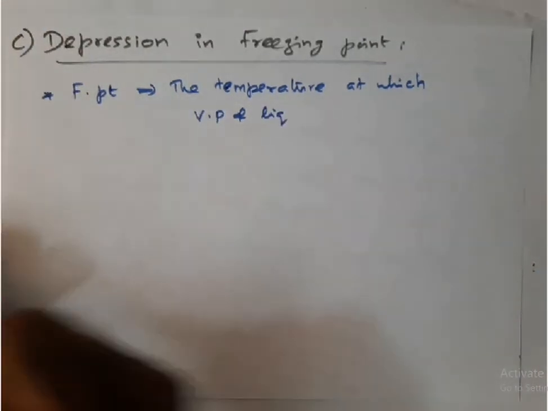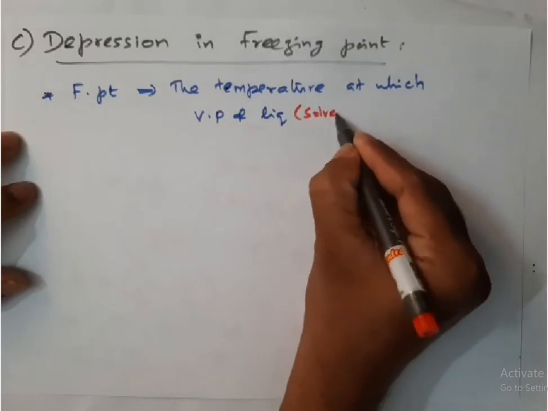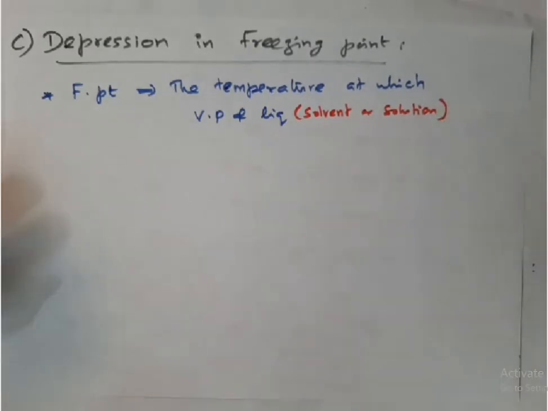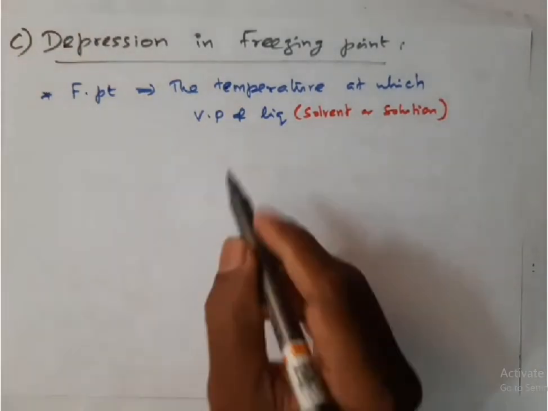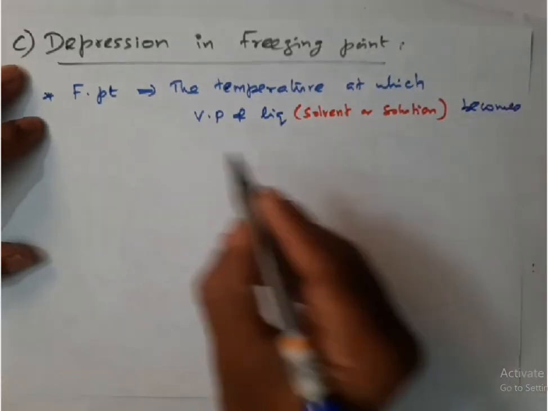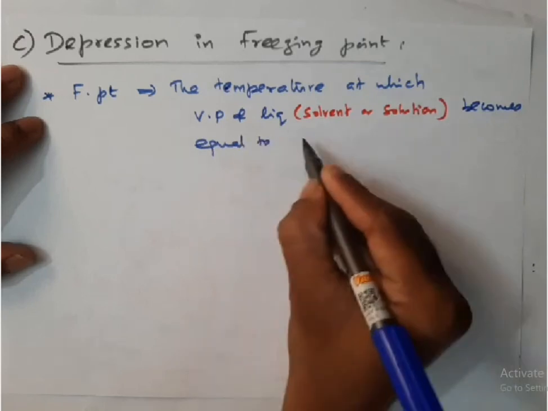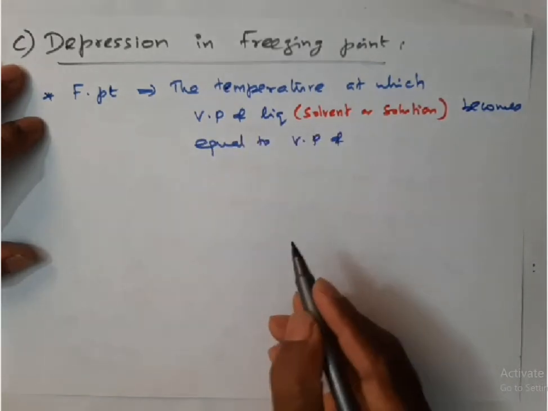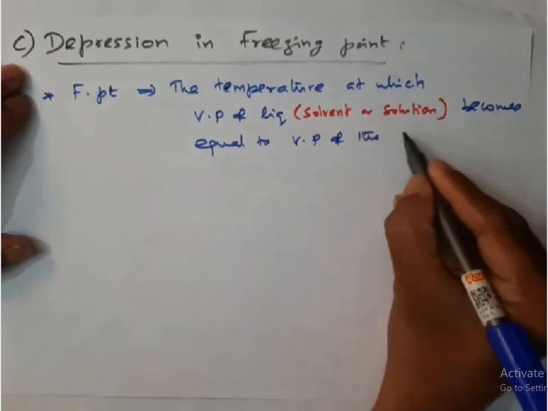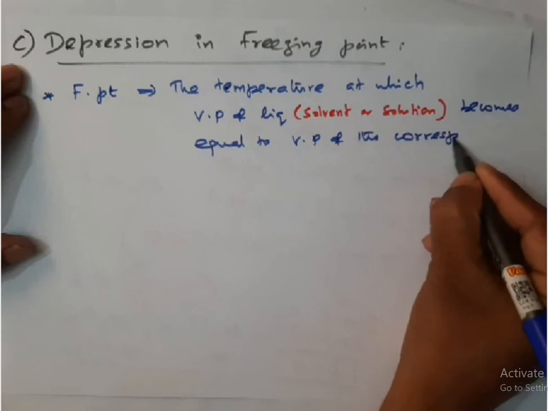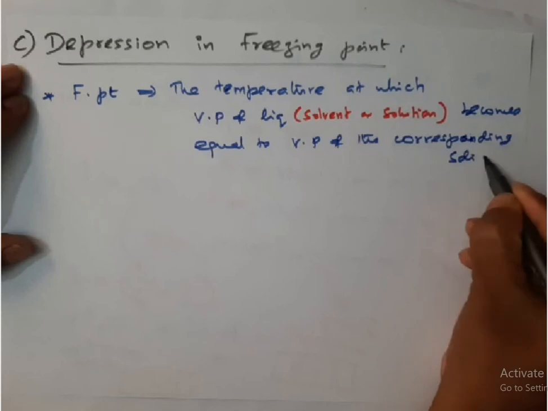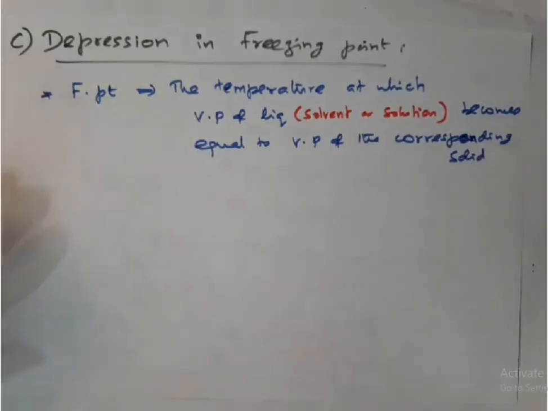Students, observe this carefully. This liquid may be solvent, or the liquid may be a solution, whatever it is. The temperature at which vapor pressure of a liquid becomes equal to vapor pressure of the corresponding solid, take down.